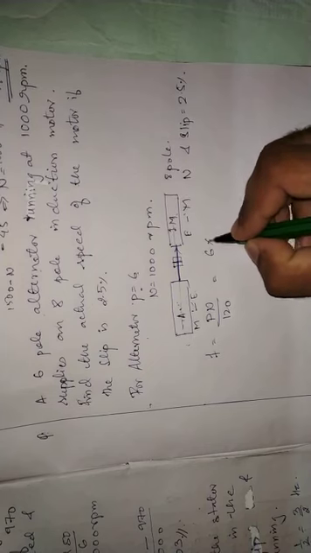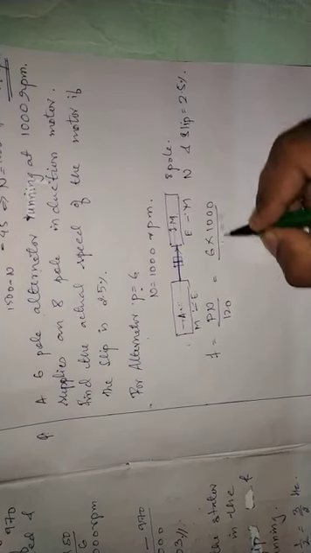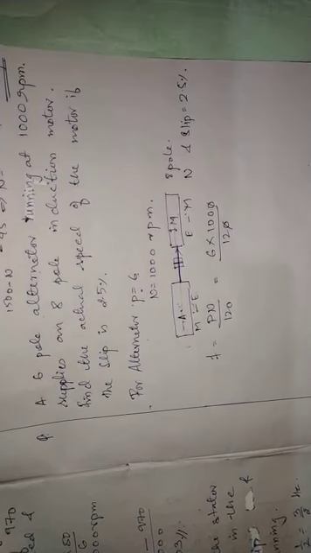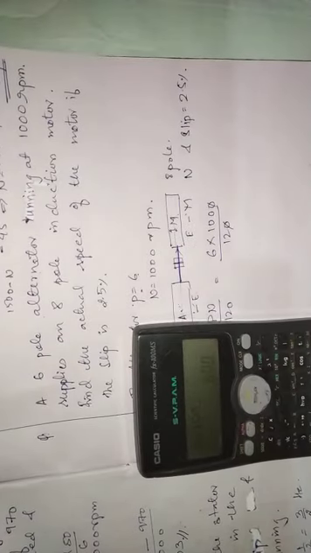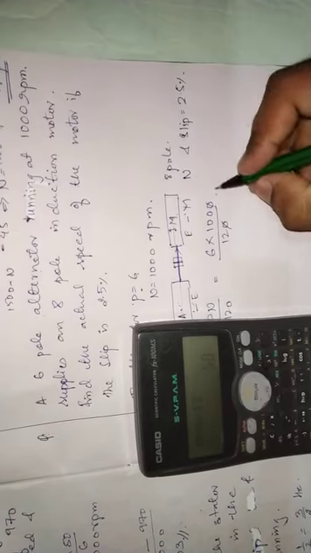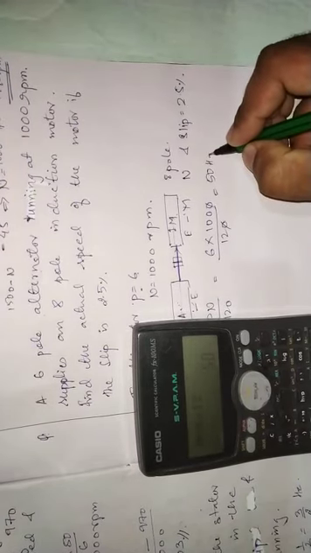P is 6, N is 1000 rpm, this is 120. By the formula 6 into 1000 divided by 120, we get 50 Hz. So 50 Hz is the standard frequency which is used in India.